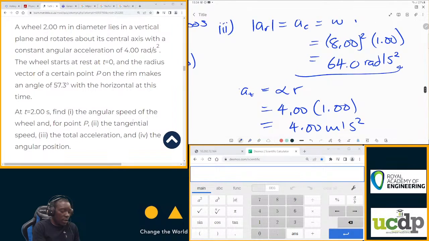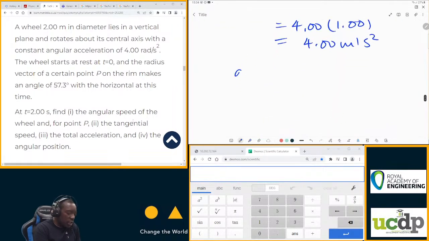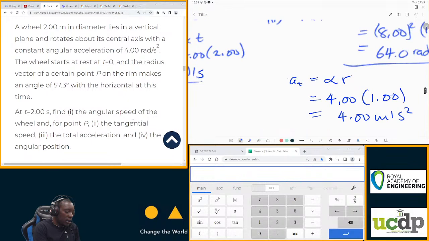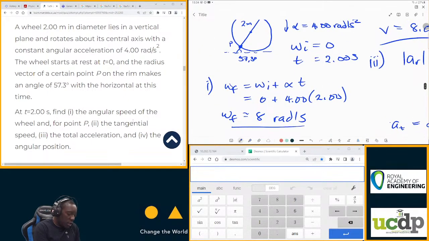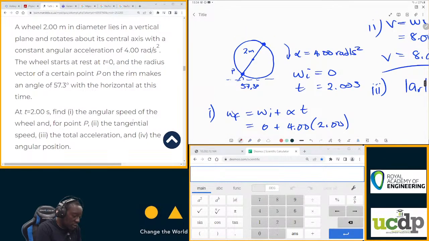Now, the total acceleration: remember, we have these two components. We said it's rotating in that direction, so the tangential is that component, the radial is that component. So the resultant will be the total acceleration.